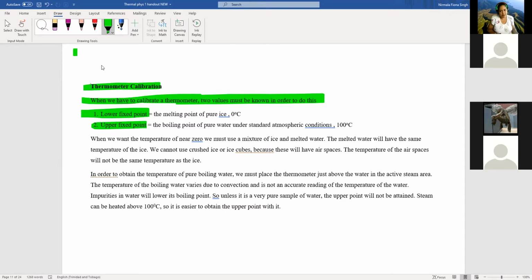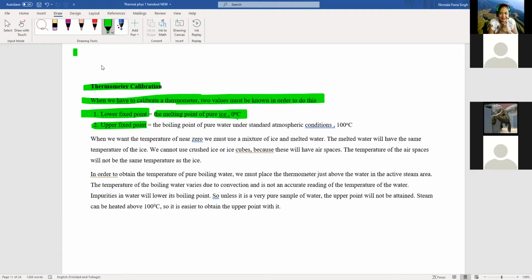Obviously, lower means smaller. And the smallest temperature we know generally right now is 0 degrees Celsius. And that is the melting point of pure ice. Pure ice means pure water, not tap water, because tap water has dissolved minerals in it, calcium, phosphorus, dissolved gases, oxygen, nitrogen, air, chlorine. So tap water is not pure water.